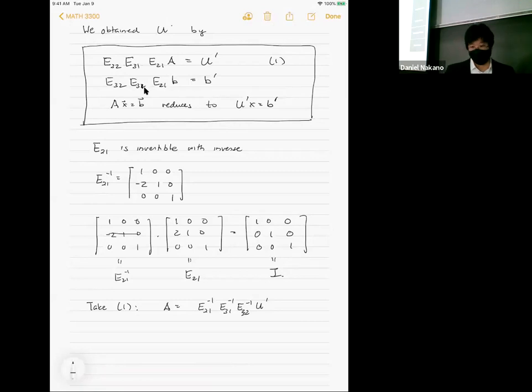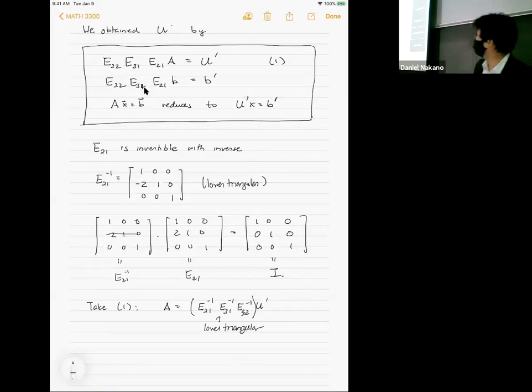All right, so that's good. And notice that this is lower triangle. The inverse is lower triangle. So whenever I take lower triangular matrices and I take the products of lower triangular matrices, it's also going to be lower triangle. So this will be here, lower triangle.